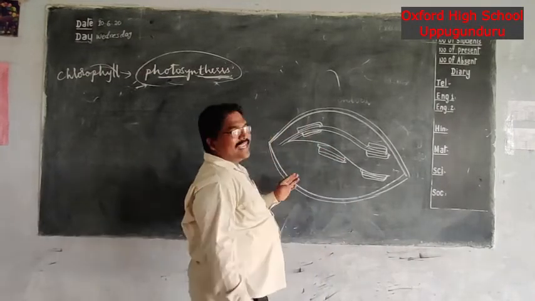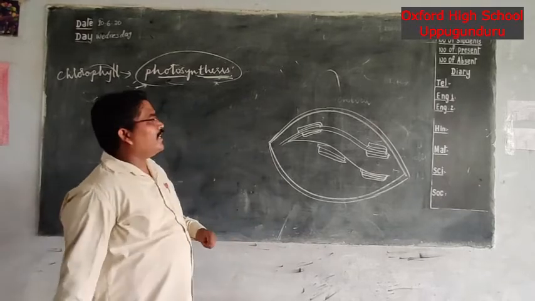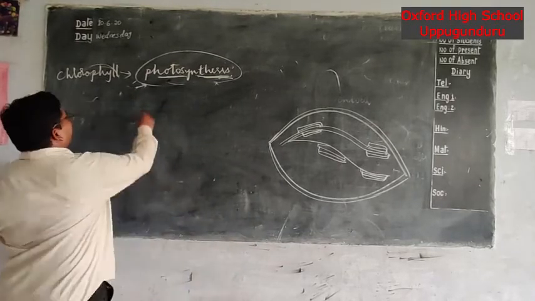So chloroplast is a membranous structure consisting of three membranes.